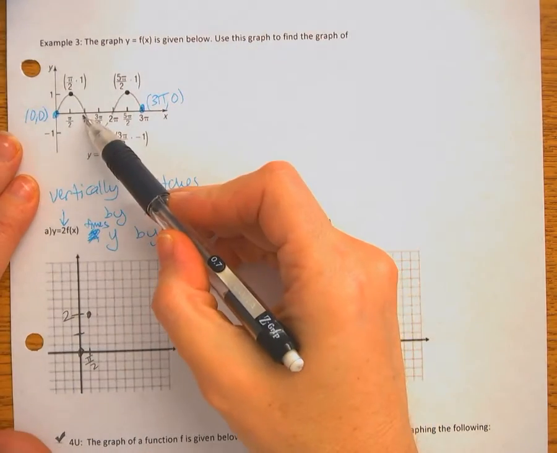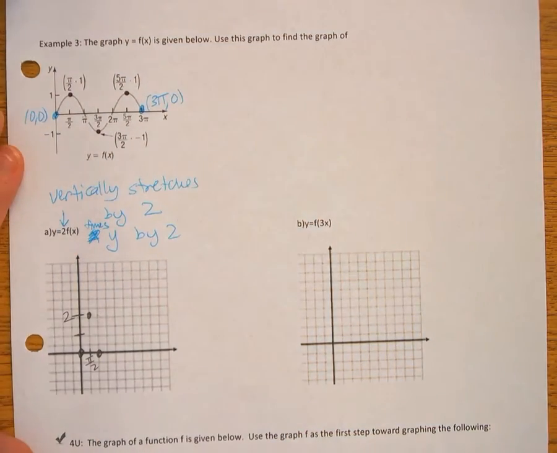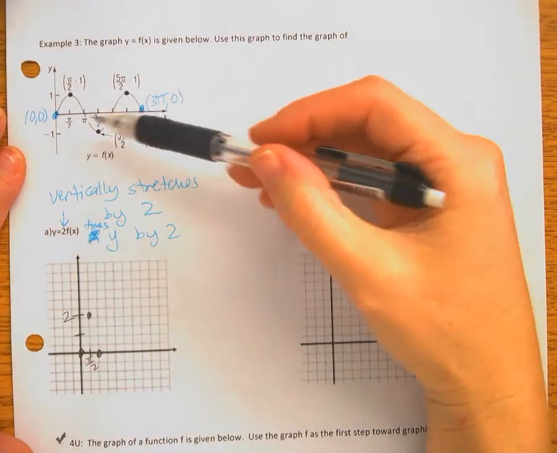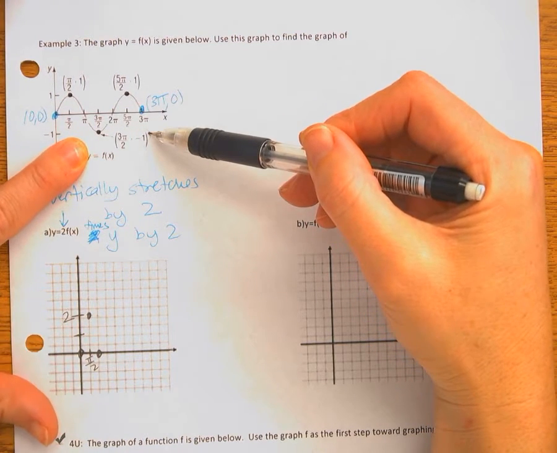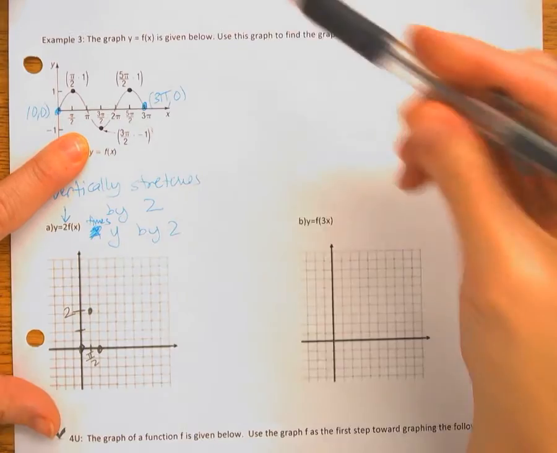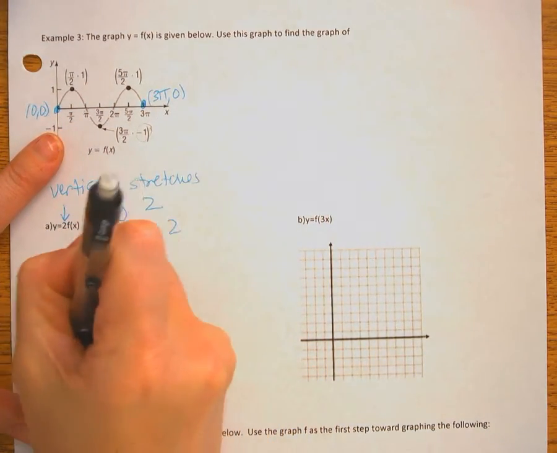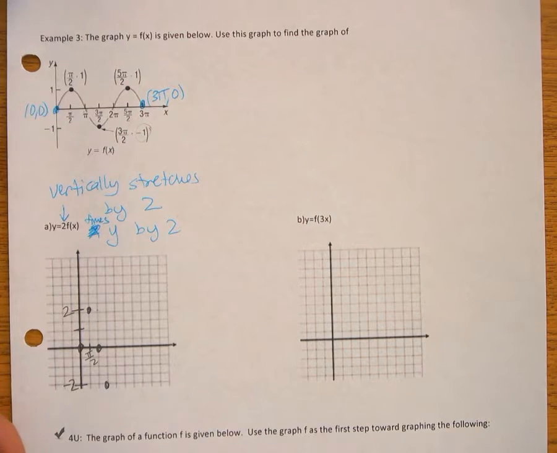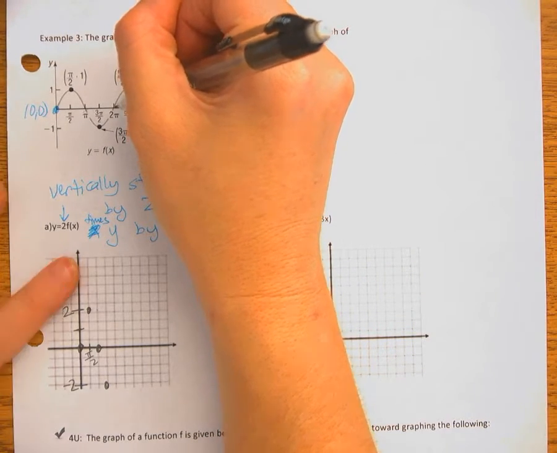And then I have a value of pi, 0, which 0 times 2 is still 0. And then at 3 pi over 2, the y value is negative 1, so that's going to get multiplied by 2, and it's going to become 3 pi over 2, negative 2. Then at 2 pi, the y value is 0, so 0 times 2 is still 0.